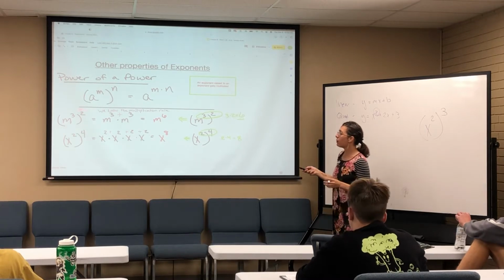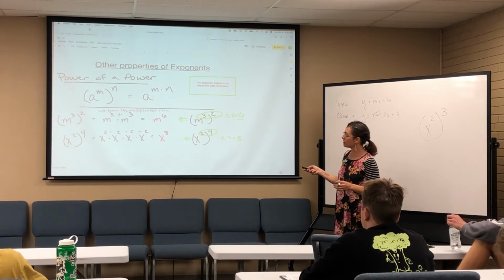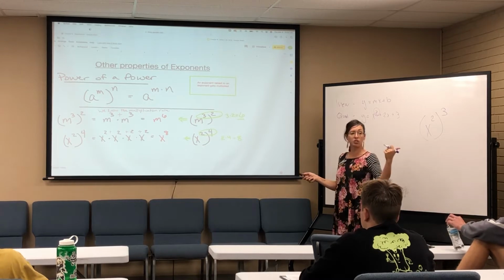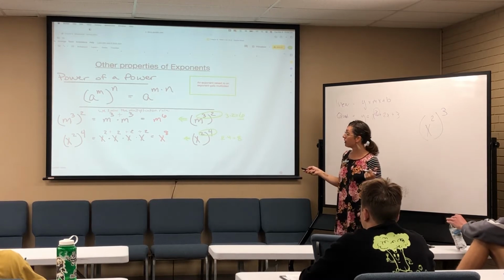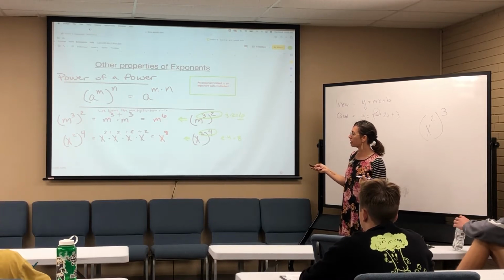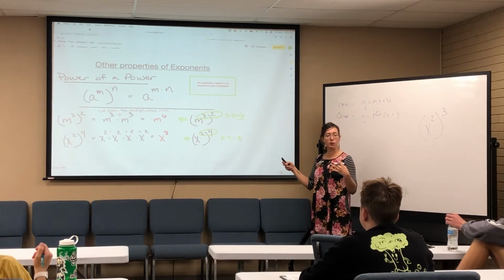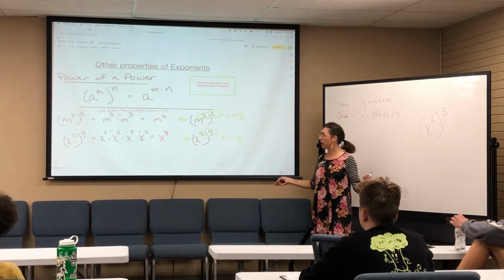And let's think about why that is. So I have on this one, m cubed is now squared. So what it really means is m cubed times m cubed. Well, from my rule that I just said, if I have the same base, then I add the exponents. So 3 plus 3 would be 6. Well, 6 also comes from 2 times 3. So we're just getting it a different way without actually having to write out everything that we mean.